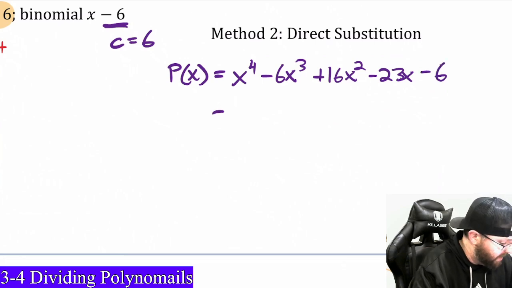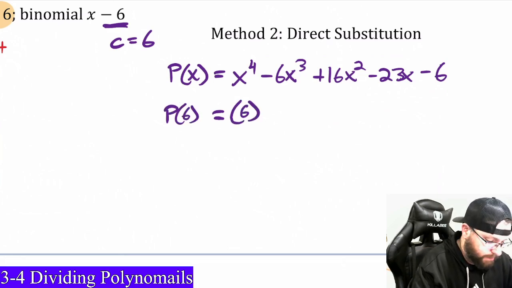And if we plug in the value of c, that positive 6, remember it's the opposite of what we have here. If I plug in and find what p of 6 is, if we plug 6 in, whoops, sorry, this is minus 8x cubed.